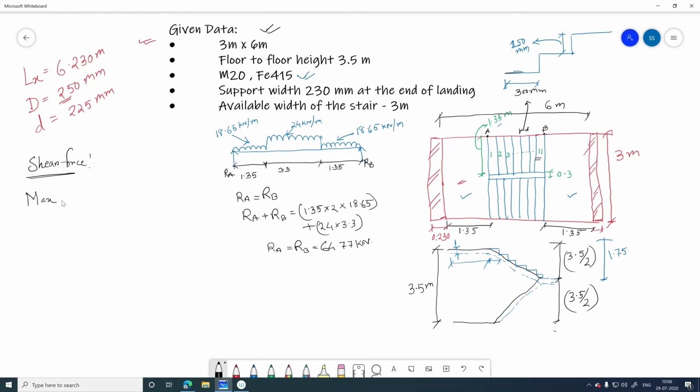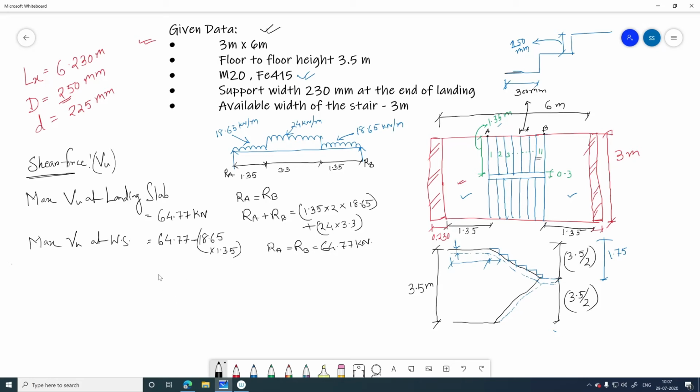So if you consider the maximum shear force as VU, the maximum VU at the landing slab will be this particular value, that is 64.77, and the maximum VU for the waist slab will be 64.77 minus 18.65 into 1.35.